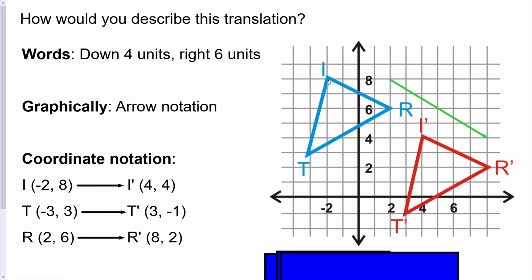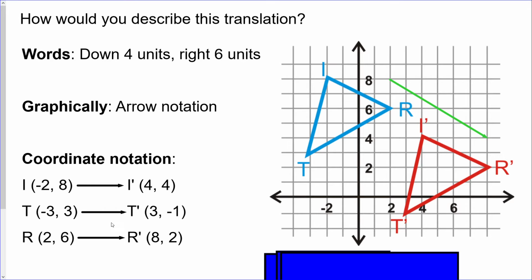On the left side, points I, T, and R are at their original locations. Point I is at -2, +8. Remember, it has to be horizontal coordinate, then vertical coordinate, so X, then Y. Point T is at -3, +3. Point R is at +2, +6.